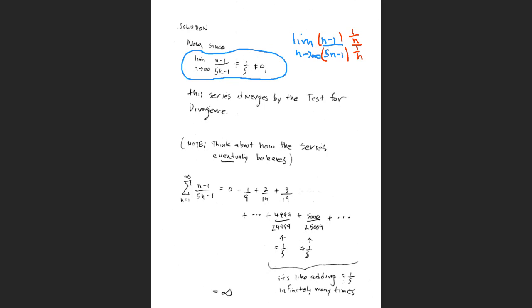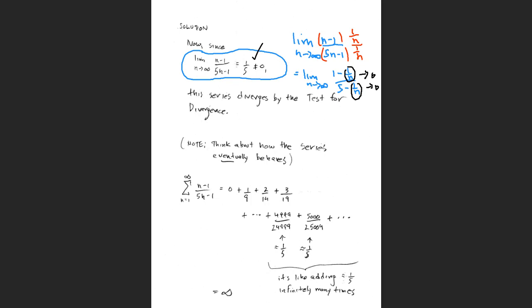And so this will equal the limit as n goes to infinity of (1 minus 1 over n) divided by (5 minus 1 over n). And clearly, as n gets large, these two terms go to 0. And so you're left with a fifth.